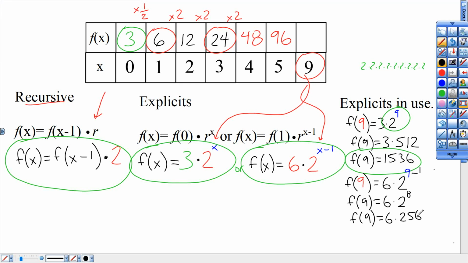And if I times that by 6, gives me that same answer. It gives me 1536. Gives me the same. That number goes right here.